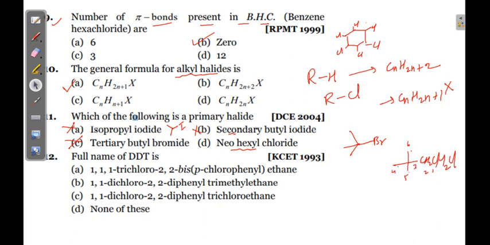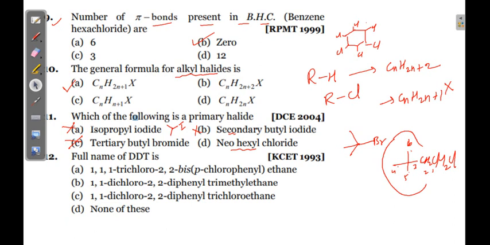Total 6 carbons are there. Neohexyl, okay. Neo is a common name, so you count all carbons. It is not IUPAC. In IUPAC we calculate only the long chain, but in common names like neo and iso, we count all carbons.